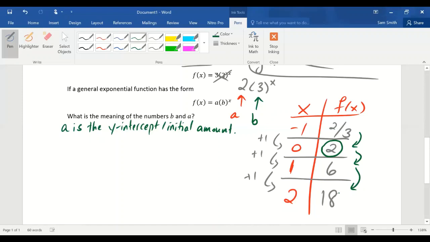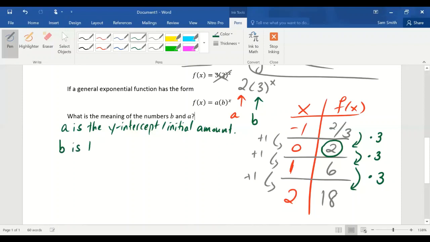We're not adding a consistent amount, but this time we are multiplying by a consistent amount. Every time we move 1 space down this table, 2 times 3 is 6. 6 times 3 is 18. And that is the impact of the base B here.